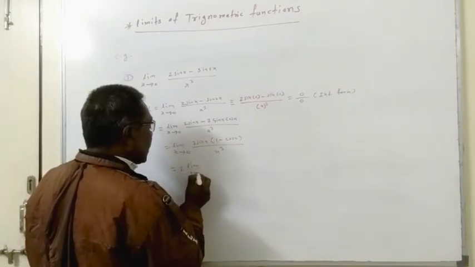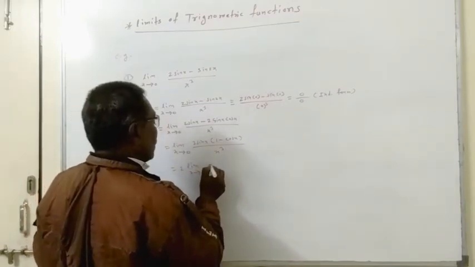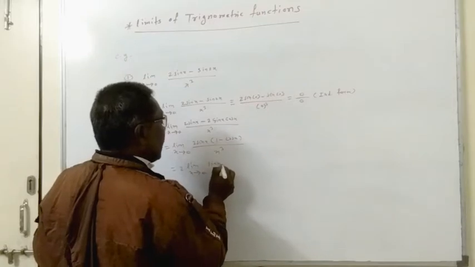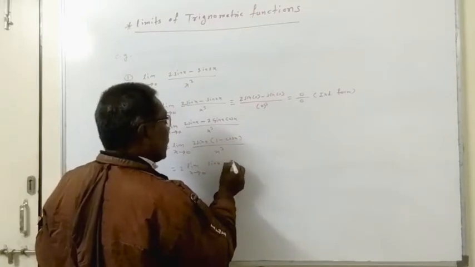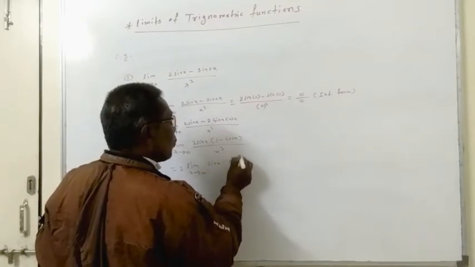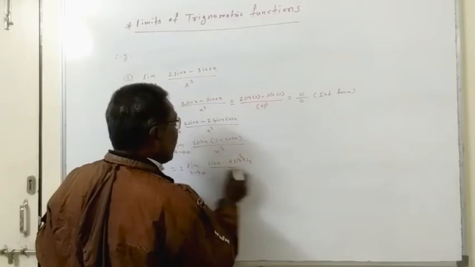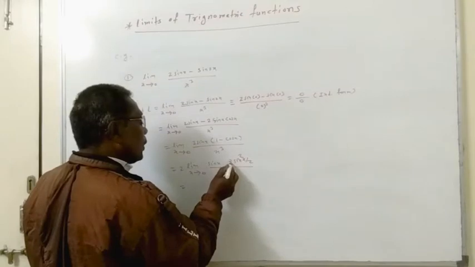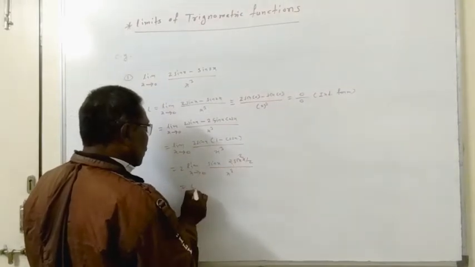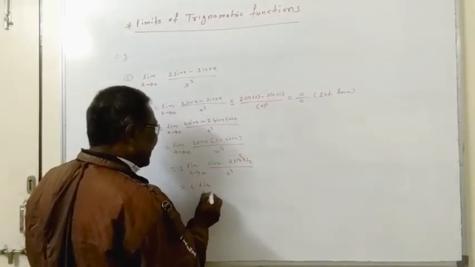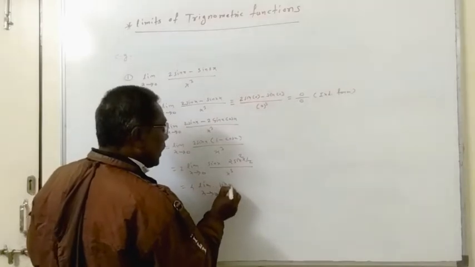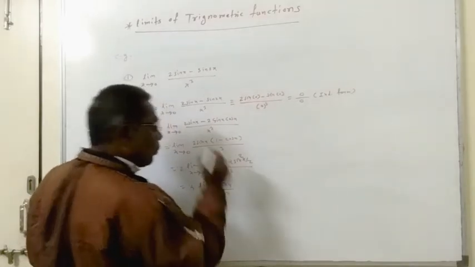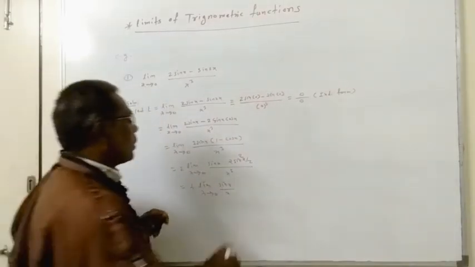So limit x tends to 0, sin x, and 1 minus cos x is 2 sin square x by 2, divided by x cube. So that is equal to, now this 2 we take common outside, 2 into 2 is 4, limit x tends to 0. Now sin x, out of this x cube, 1 x will be here, because sin x upon x is 1.